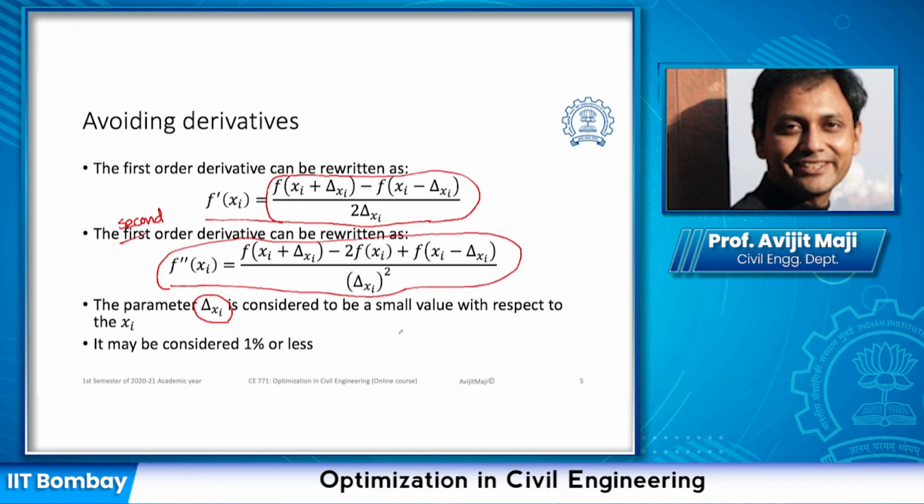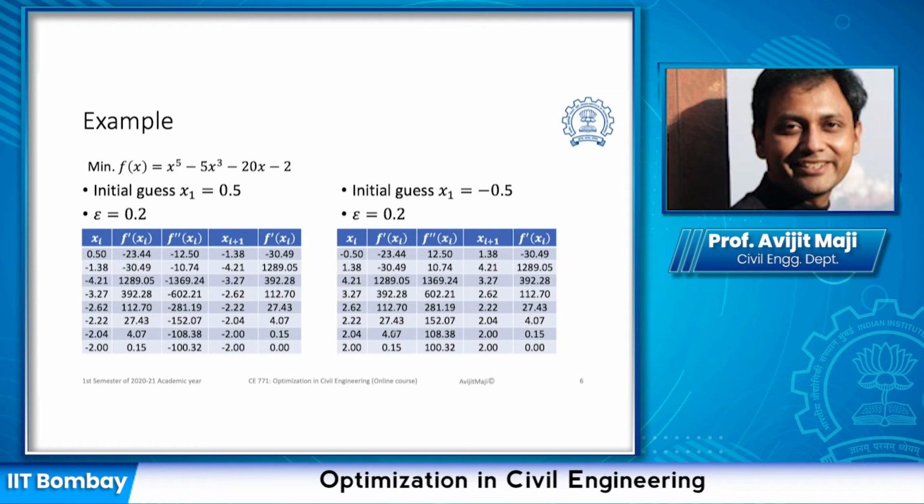Let us see an example using the Newton-Raphson method. We are going to minimize this objective function, and we are starting with an initial guess of 0.5, and we set the precision of the slope as 0.2. Then at the first point, we find the first order derivative and the second order derivative.